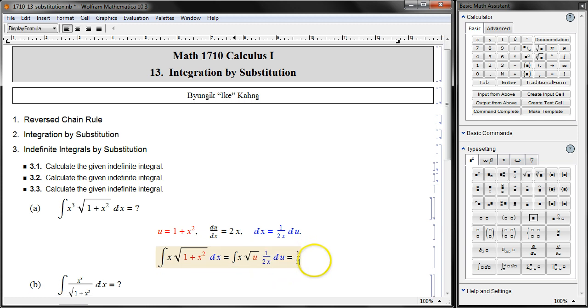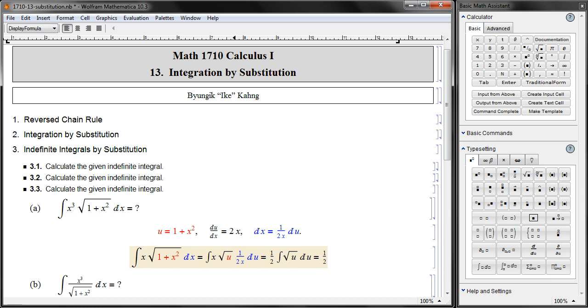What do you get? 1/2 integral of square root of u du, or if you prefer, u to the 1/2 power. I hope everybody can clearly see 1/2 power is equivalent to square root of u, so let's go back there. And then let's finish this computation.